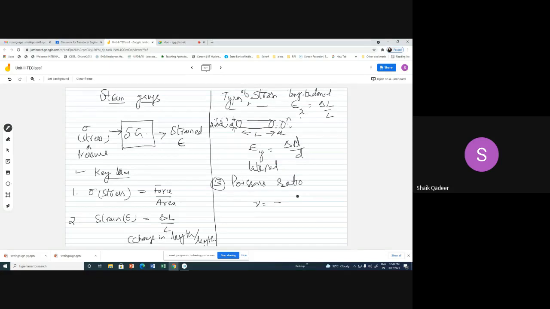It is defined as lateral strain divided by longitudinal strain with a negative sign. The meaning of Poisson's ratio is that it gives the relation between two types of strain, lateral and longitudinal strain.